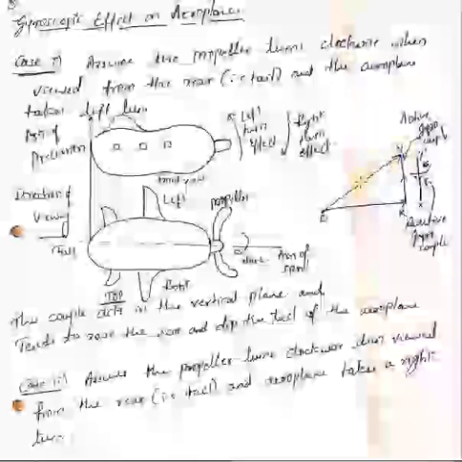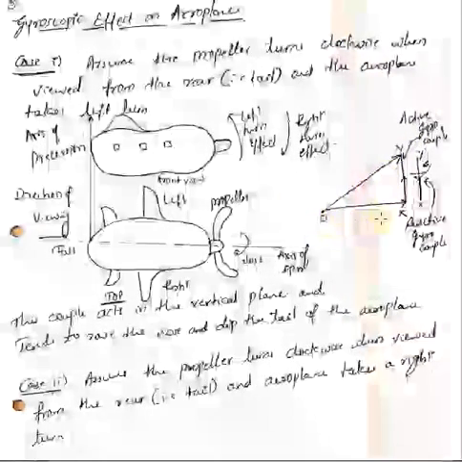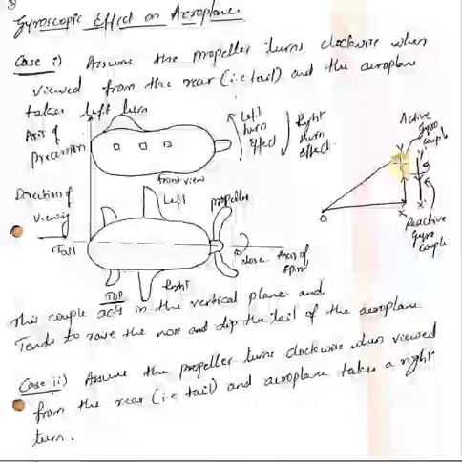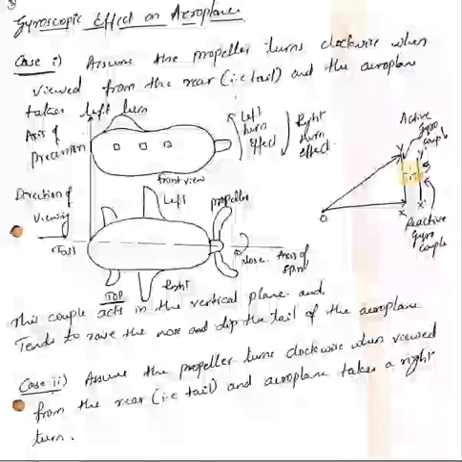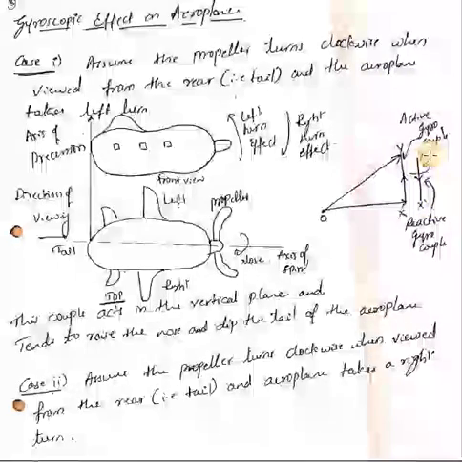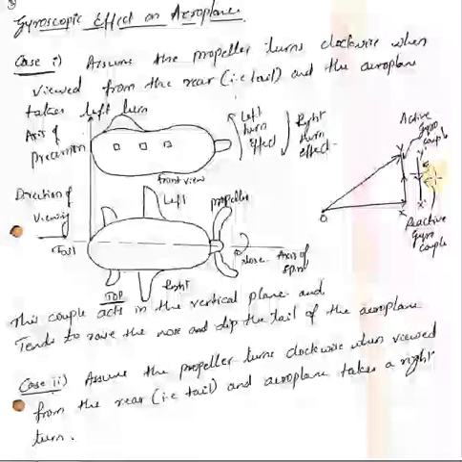This is after turning. Actually, it was OX. Okay. So after the effect, it changed to OY. And in the same figure, I have shown this X dash and Y dash. So here Y dash to X dash is the reactive couple and is perpendicular to OX.